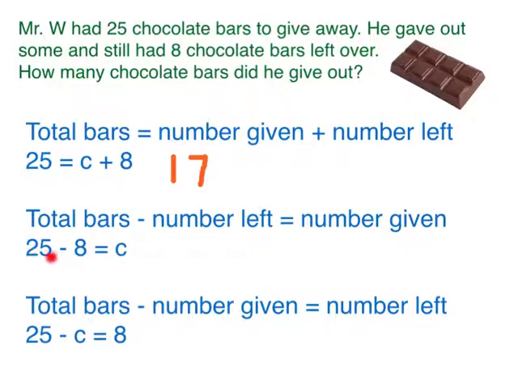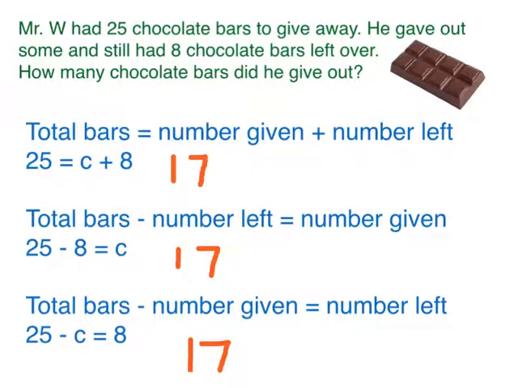And the second equation, it's 25 minus 8 is equal to C. Well, 25 minus 8, you know, is 17. And finally, if you use this equation, you would say 25 minus something is equal to 8. Well, 25 minus 17 is equal to 8.